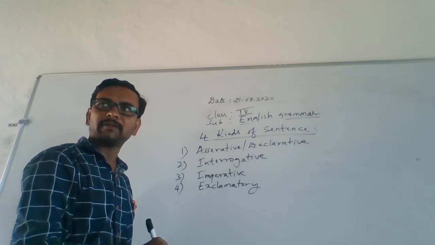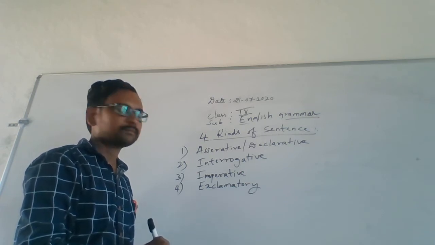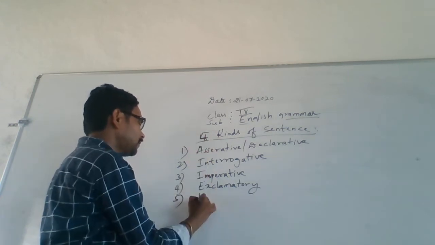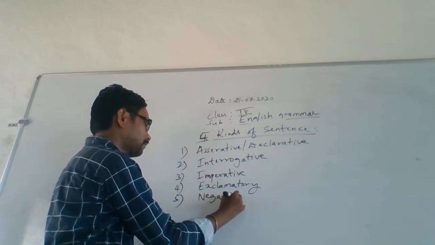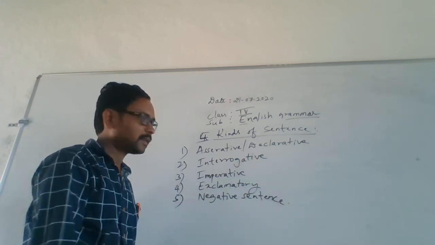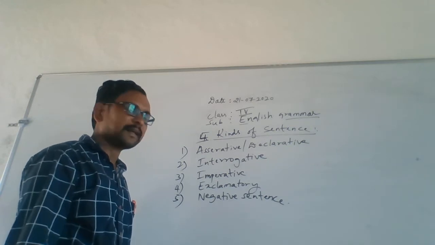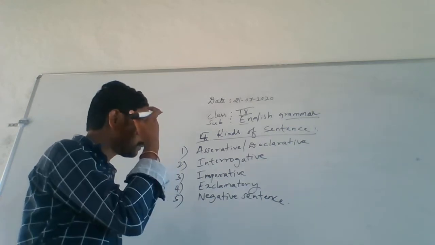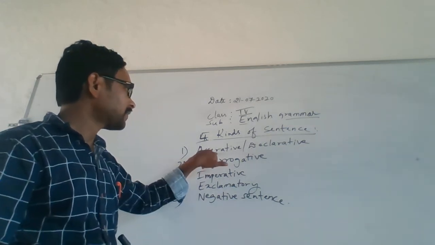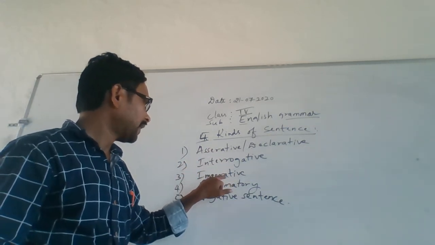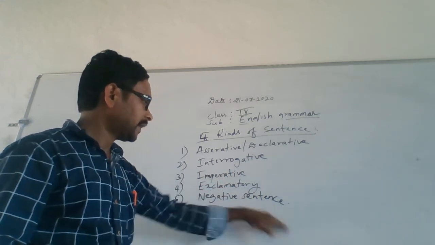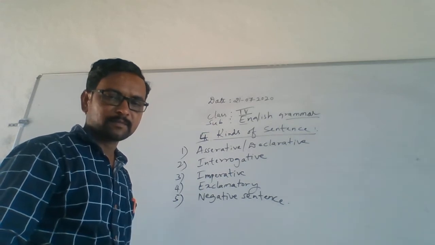Do you know how to make negative? So just to simply write down negative sentence. See here, these are kinds of sentence. Let us study one by one. So what type of example we should write for assertive sentence, then interrogative and imperative and exclamatory, then negative sentence. Write down.